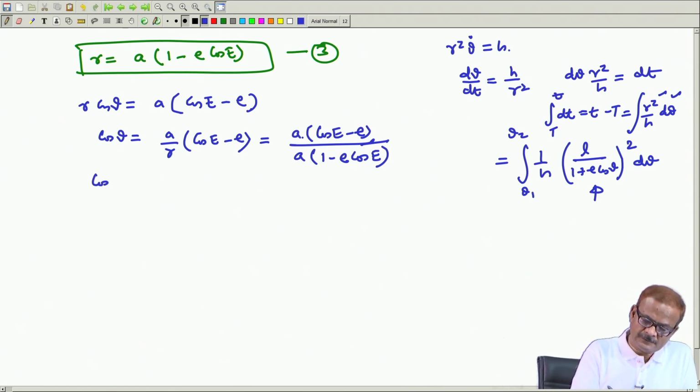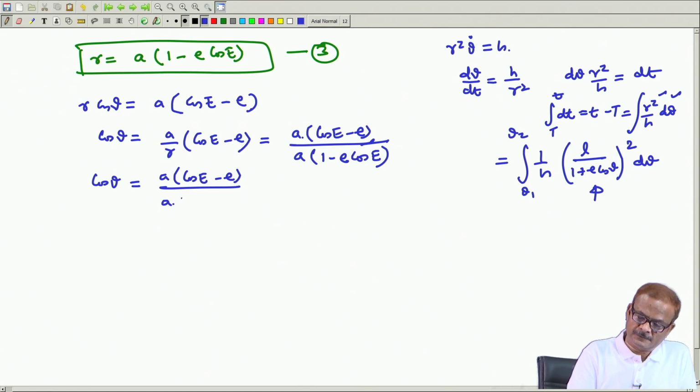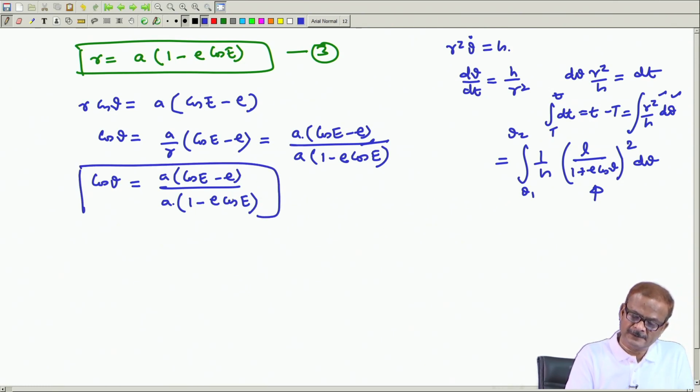So this is our cos theta. a cancels out, so we will eliminate a from this place.